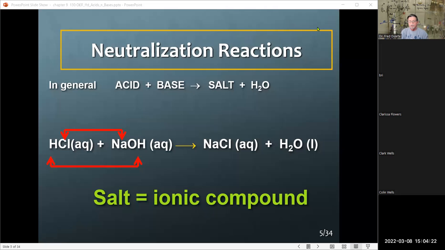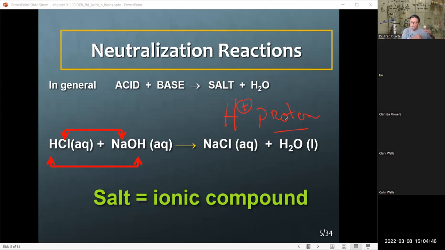To refresh your memory, a proton is a hydrogen atom that has lost its electron and now has a plus charge on it. That is the proton, and that is what causes the acidity property of these chemicals. And then the other definition was a base.